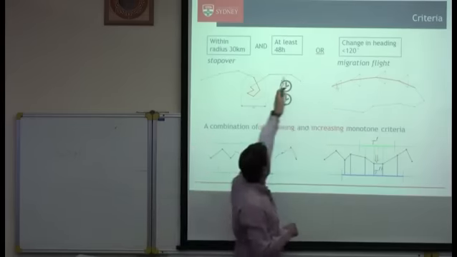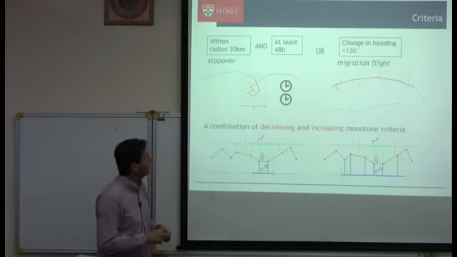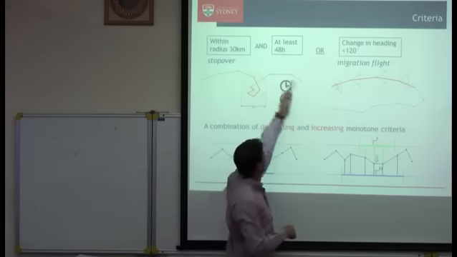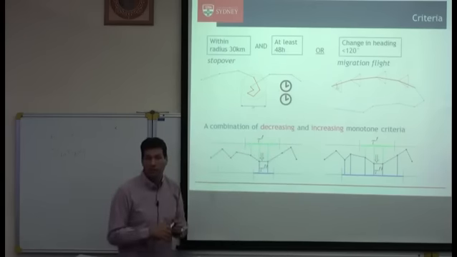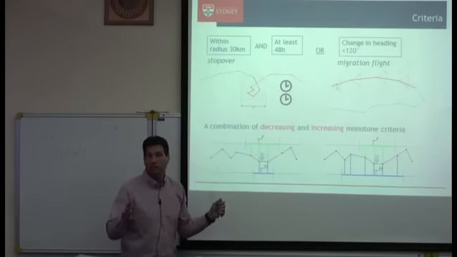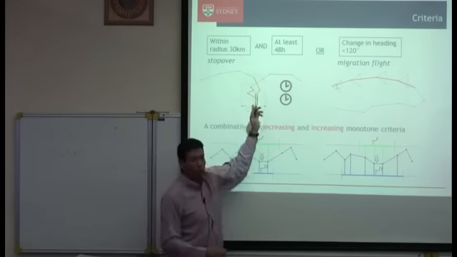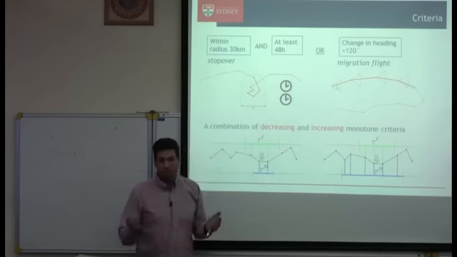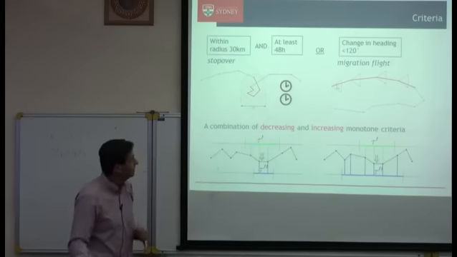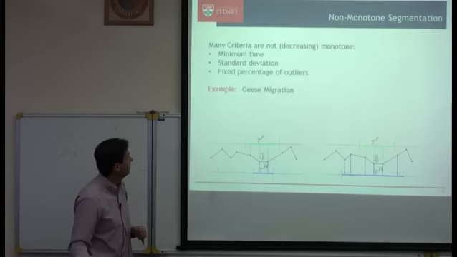This is increasing monotone, this is decreasing monotone, and this is increasing monotone. If it holds for one segment, it will hold for anything bigger than that, if you look at only the 48 hours.